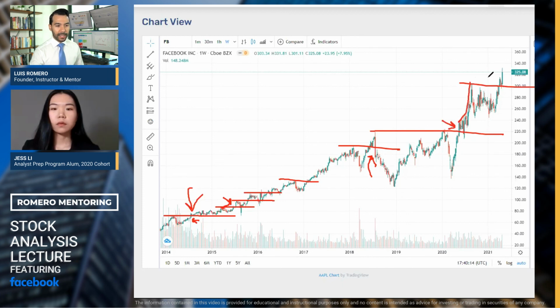Now it's breaking again. Is this now the beginning of another leg to the upside where we have our own price target of 380? So this is how we read the charts, how we anticipate the price move, and how we combine fundamental research and the technical skill set to give us an edge in the market.